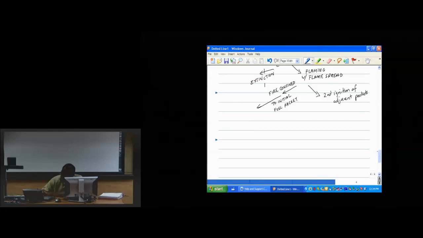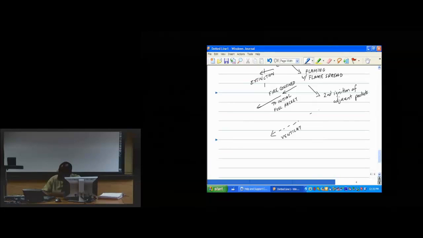So this process could be because of what we call a fire ventilation limit. That is, we may be able to put out the fire simply because the windows and the doors hold. So that's a possibility.